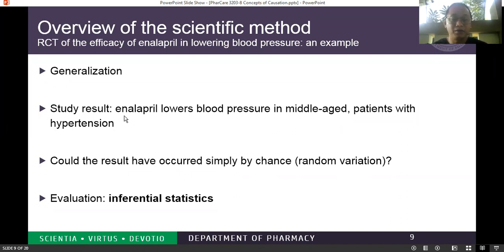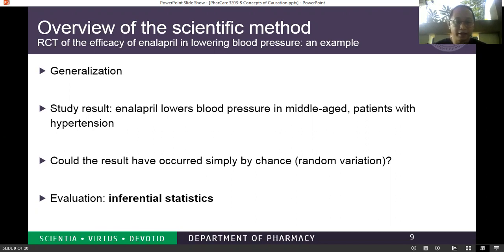For example, if our study result is that enalapril lowers blood pressure in middle-aged patients with hypertension from our sample, then we can say that in all middle-aged patients with hypertension, enalapril will do the same.